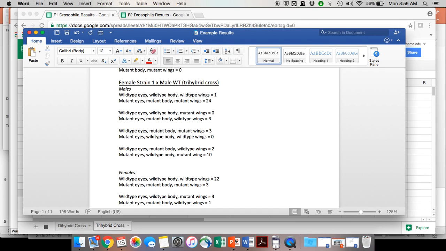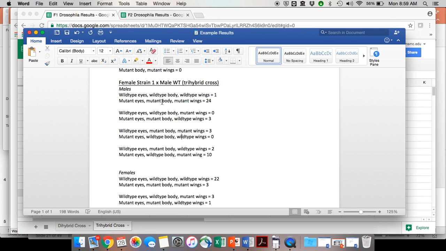You will see why as you go through the analysis, but think back to when we talked about how to analyze 3 linked genes. There's a possibility that these 3 genes are linked. If so, then you're going to need to figure out what are some of the different classes of your phenotypes.